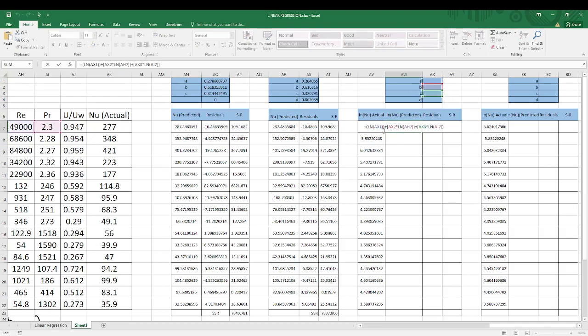So, error siya kay wala man tayo values sa ABCD. Then taking the sum of the residuals, actual minus predicted, and this should be the square. The residual should be this, taking the square.